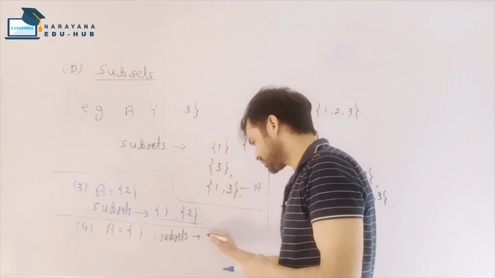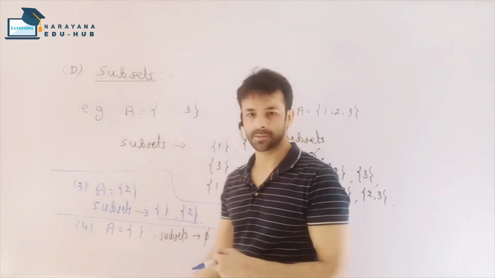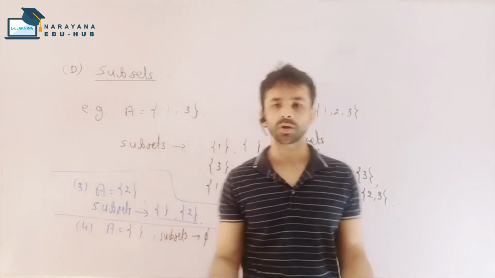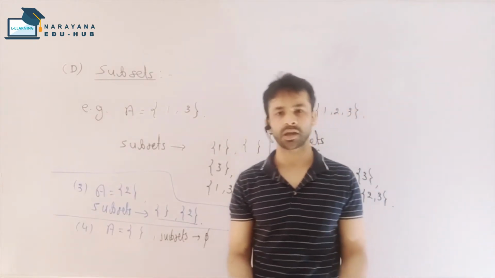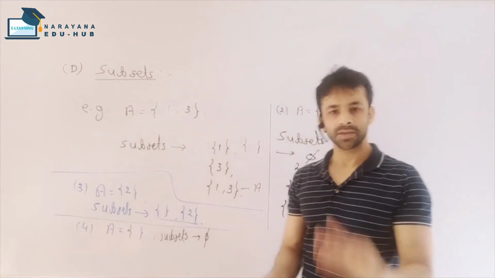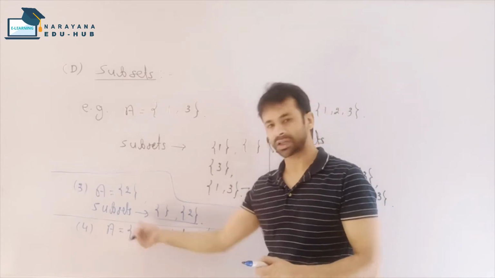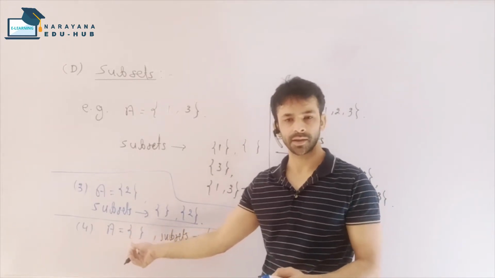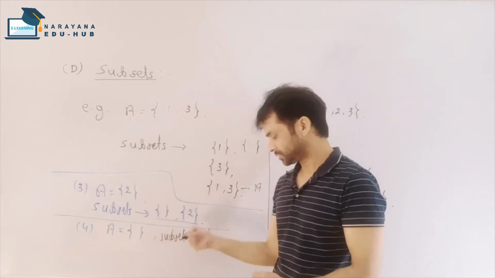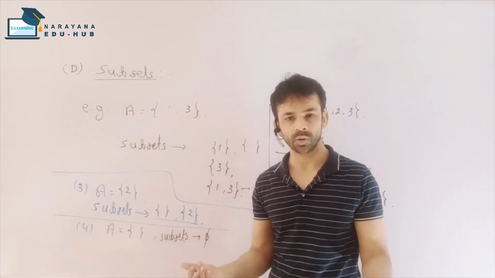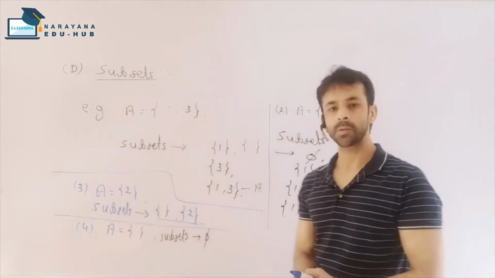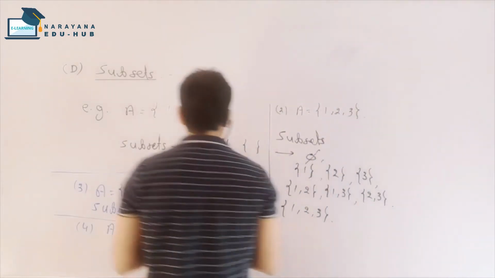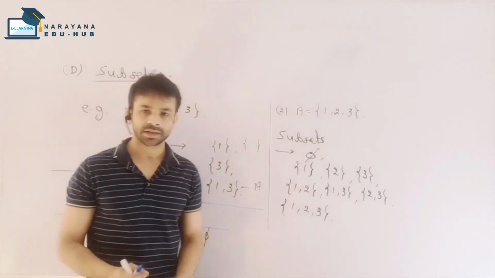Only the set itself, because no other set we can form, because we don't have any element, so we cannot form any other set. What it has is nothing, so what can we form? The set of nothing, no element, means the null set, right?